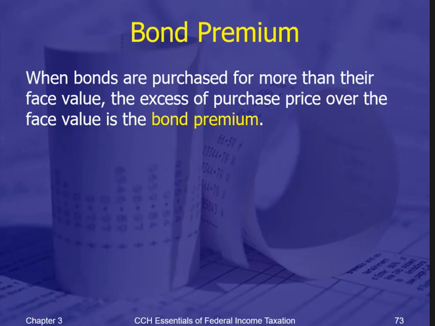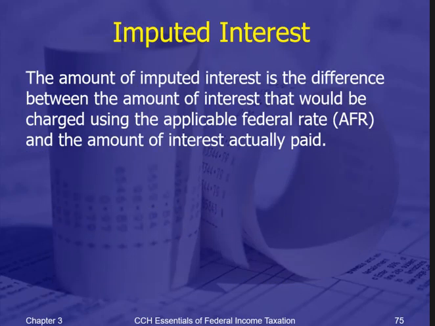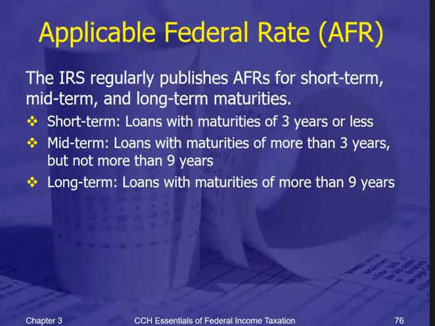Bond premium is when you pay more than the face value, and that gets either amortized over the life of the bond, or you just keep it as part of what you paid. So if you paid $102 and then you redeem it, you would get a capital loss at maturity.